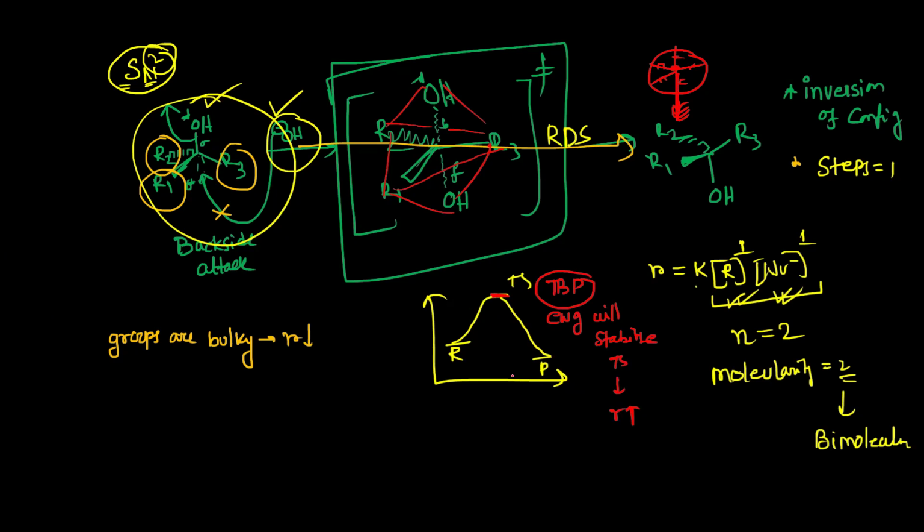Now, on which factors does this depend? In the exam you will get questions that compare the rate of SN2 or compare the rate of SN1. Sometimes the SN2 reaction is called the acetolysis reaction. So if the question says compare the rate of acetolysis, then you have to understand that it is basically an SN2 reaction.